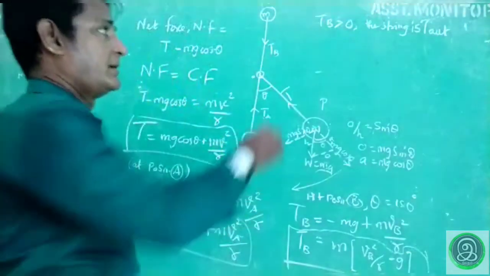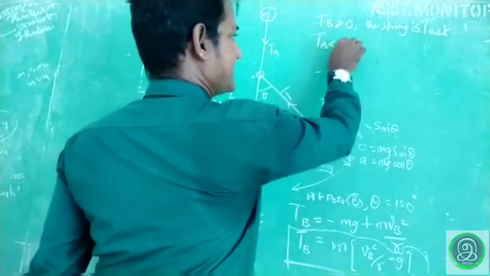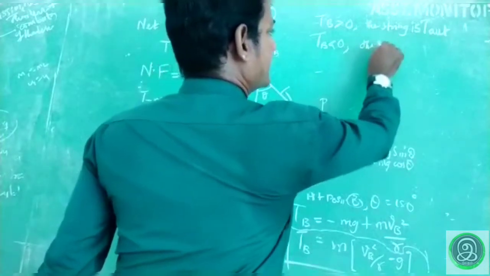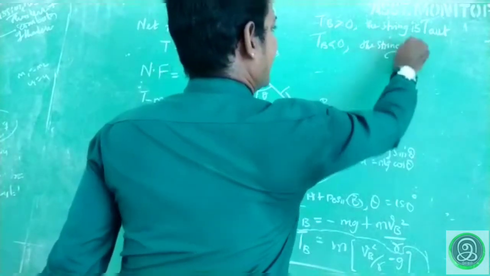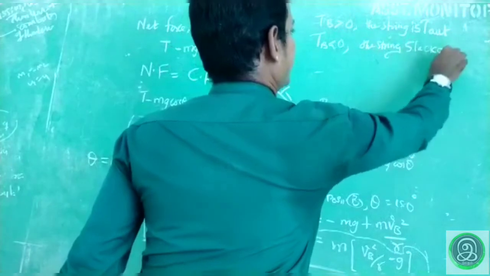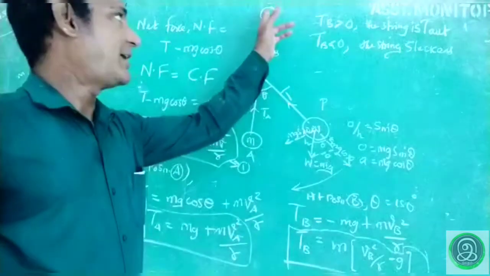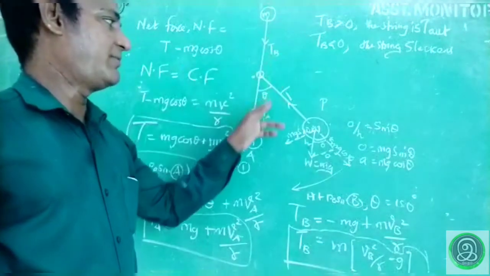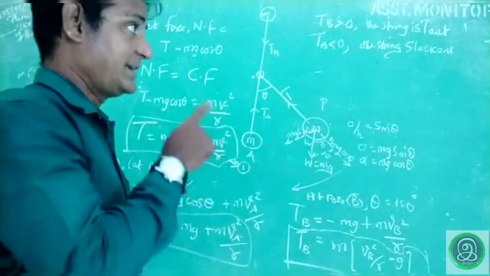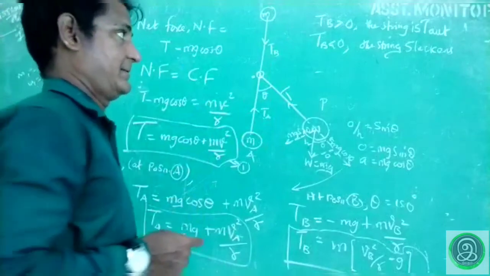If Tb is less than 0, then the string slackens, it becomes loose, and then there will be no circular path after this, so the stone will fall inside. That is what we call the string slackens.